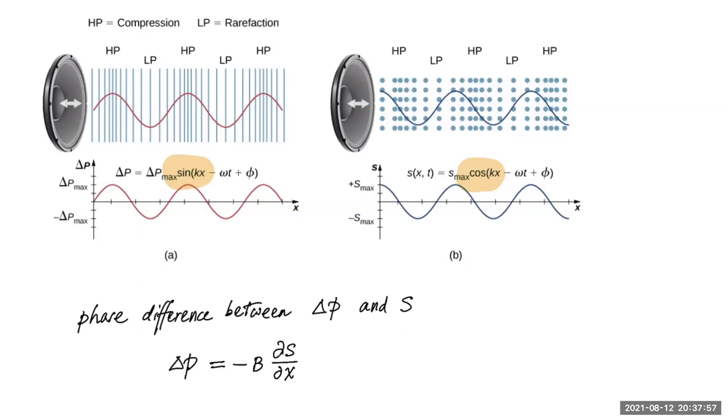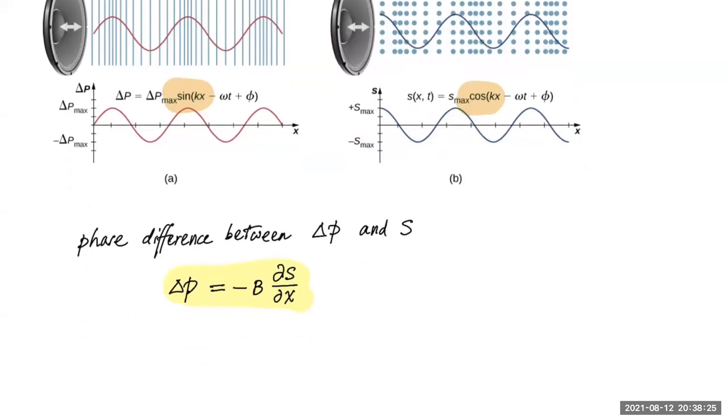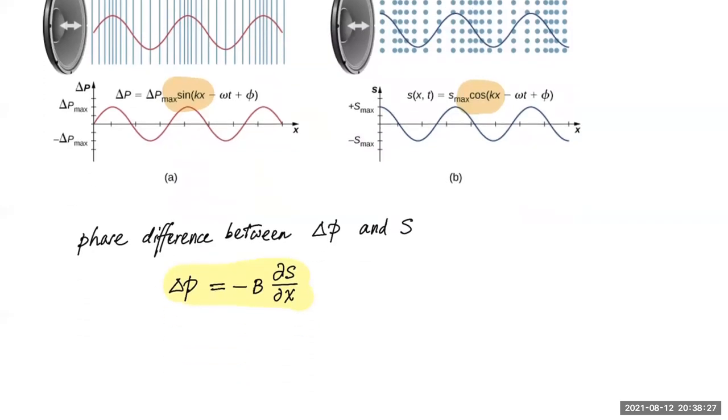You see, delta P is not proportional to S. It is proportional to partial S over partial X, the derivative of S with respect to space. That is why if you plug in S as a sine function and take a derivative, you're going to get a cosine function for delta P, right? So mathematically, it makes total sense. But what's the physics behind it? How come one is sine, the other cosine? How come they're not in phase?